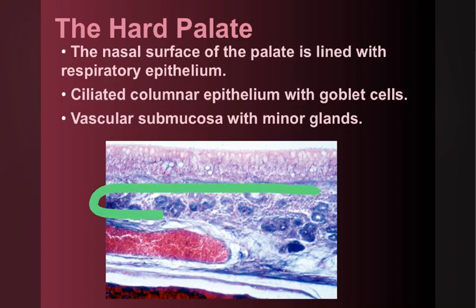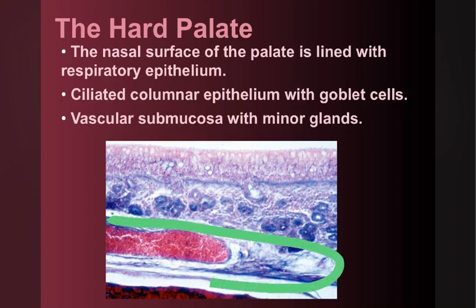We have here lamina propria. Lamina propria has mucosal glands. They are not salivary glands. They produce mucus. They are called mucosal glands.